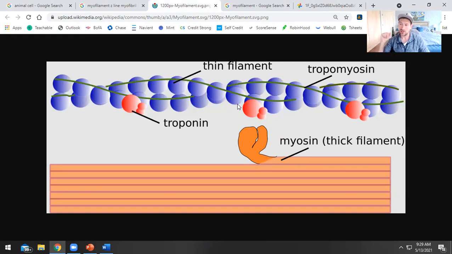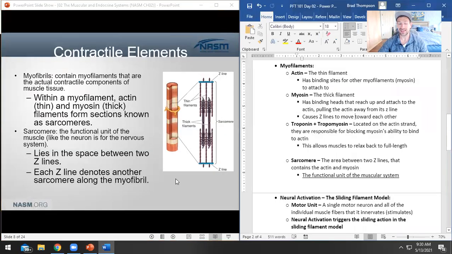Then when your muscle contraction is over, it is going to relax, and that'll put those regulatory proteins back in place in order for relaxation to occur. So troponin and tropomyosin are what allow our muscles to relax back to full length. Again, actin is the thin strand, which has binding sites.